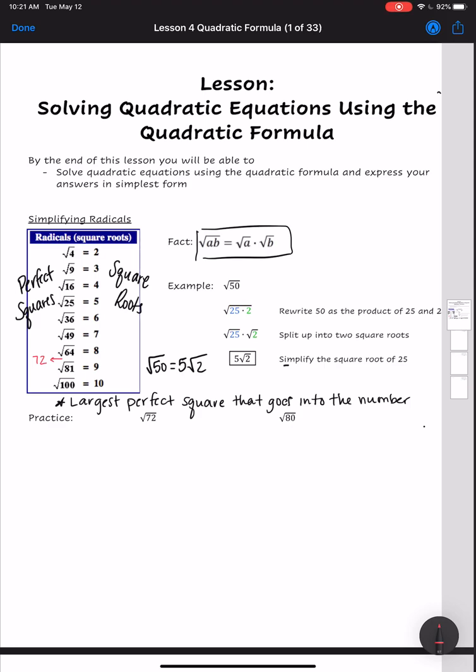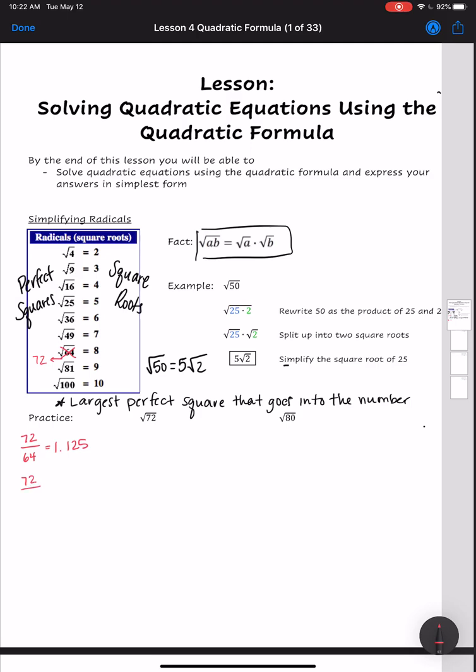So we're going to try all of these numbers that are less than 72. So 72 divided by 64, you're not going to get a whole number. You're looking for a whole number. That means that it's a factor. So if you do 72 divided by 64, you'll get 1.125. So that's not a whole number. Then we're going to move down to 49 because 64 is not it.